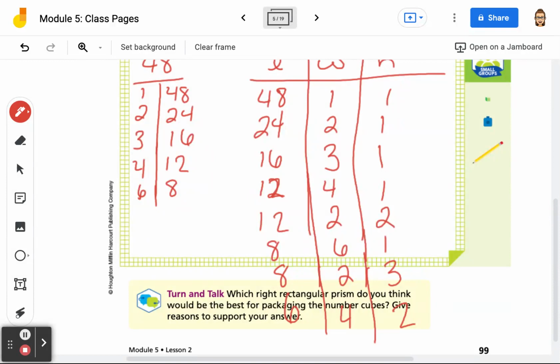Okay. So that's my only way to get 8. Then if I have 4, if I just put 12, I already have that. But I can do 3 and 4.